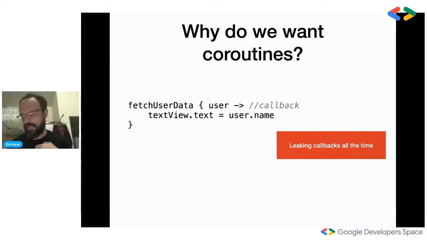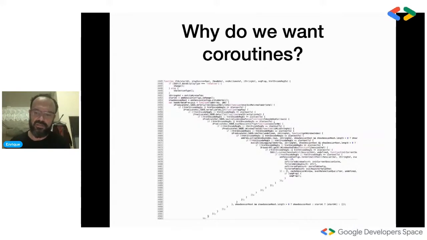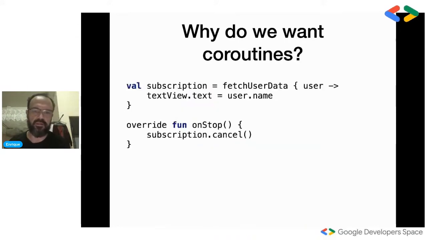In Android, we have fragments and activities, we have a life cycle, and if a network request is happening while the fragment disappears, bam, it tries to go back, there is no fragment alive, and then we have a leak, and this leads to a bad user experience. There is also callback hell when we start using callbacks, a callback calling another callback, etc., and the code becomes unreadable and unmaintainable.